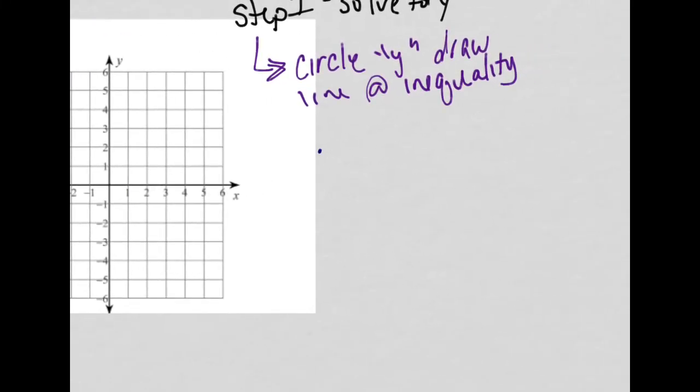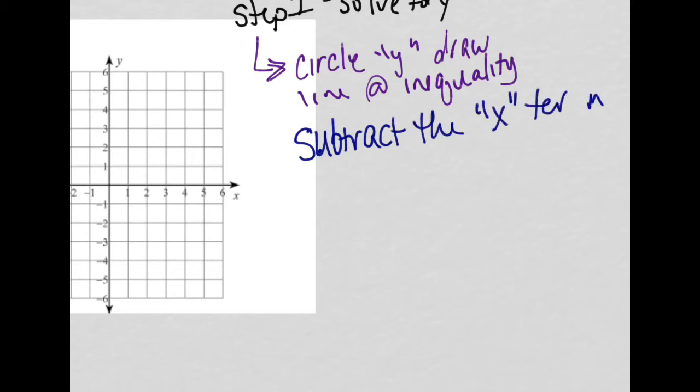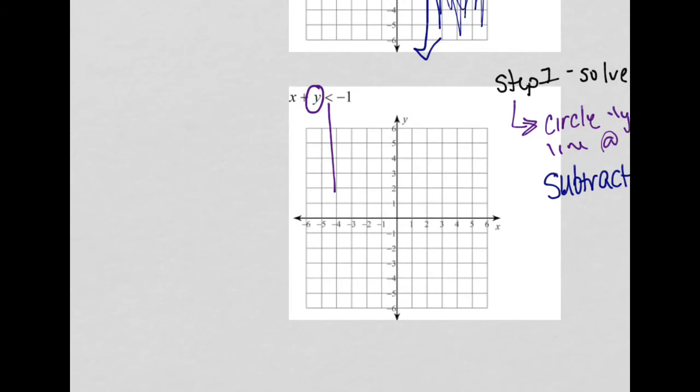Next thing, subtract the x term. Will you always subtract? Yeah, you always will because standard form says the x term is positive. So I'm going to minus x, I'm going to minus x. When I do that, I have y by itself less than -1 minus x.